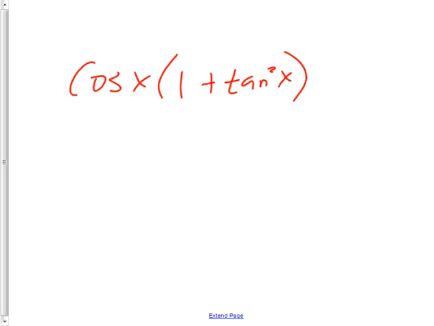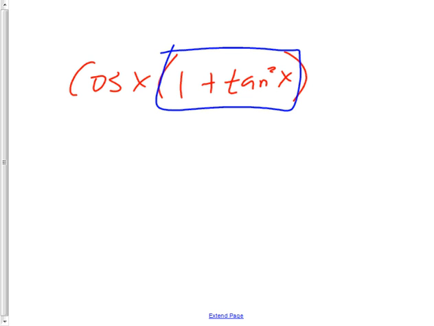Now, it's not like you always guess right on the first try on what to replace things with. Like my first thought on cosine x is I could probably replace that with 1 over secant. But that might or might not work. I don't know. But I'd probably look at this first.